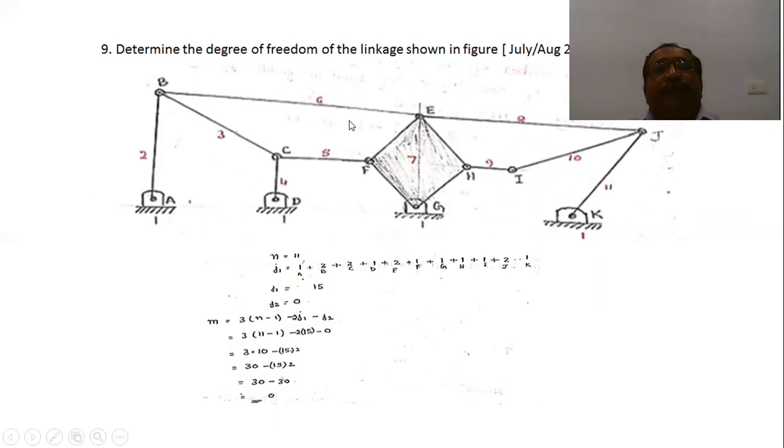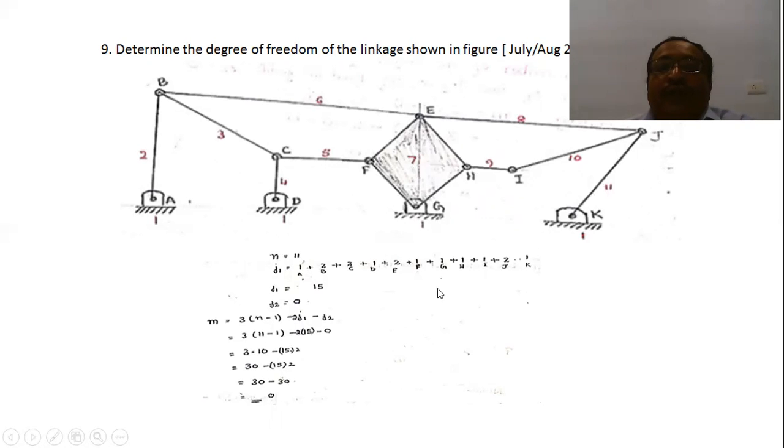For BE give another number. Like here it is CD, I give another number. CD it is 4, CF it is 5, BE it is 6. The whole thing here, if you hatch it, indicates there is no relative motion between these links. So it is counted as one link. It is 7, 8, 9, 10, and 11.